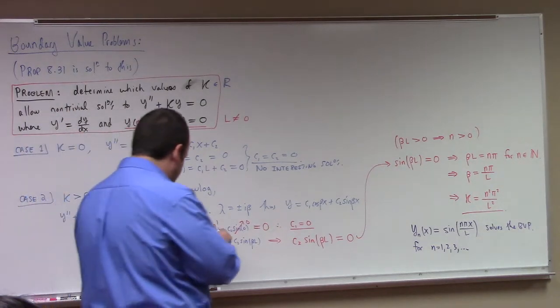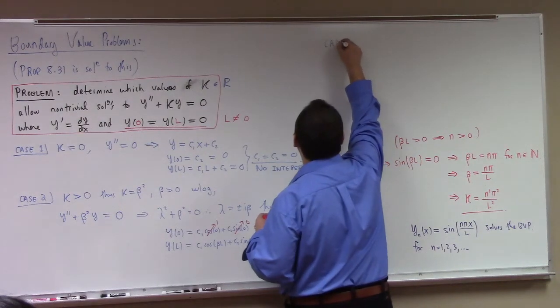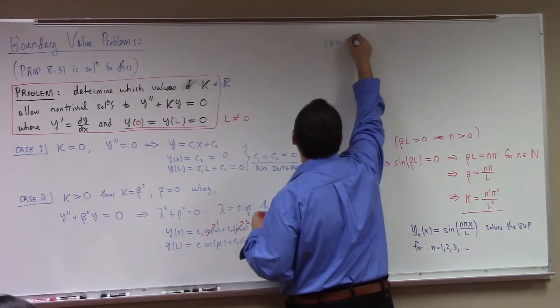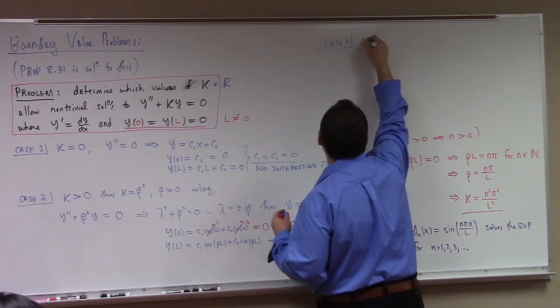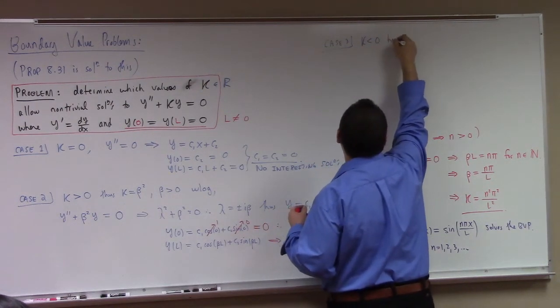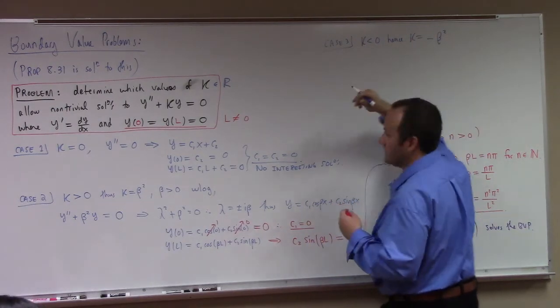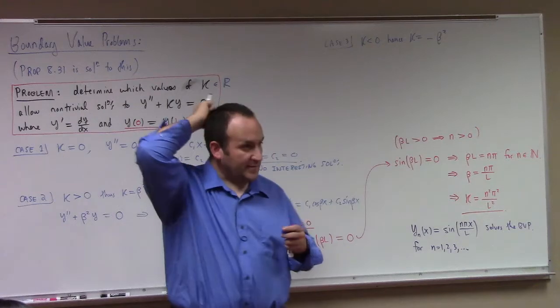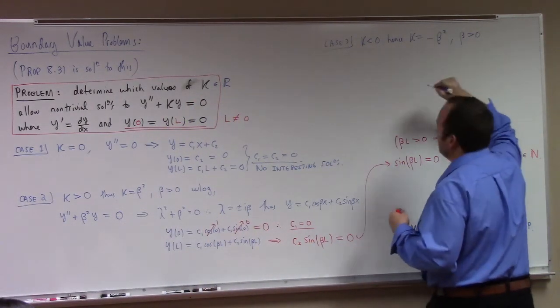So let's look at case 3, which I should have made case 2 for better storytelling, but oh well. Case 3 would be K less than 0, hence K equals minus beta squared in this case, right? Where beta is positive, again, to keep it simple.